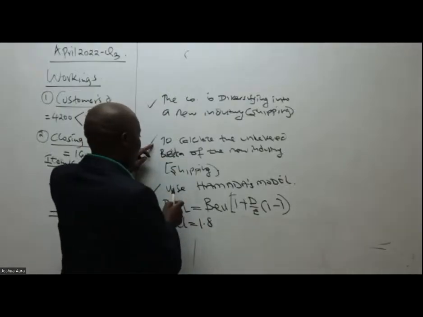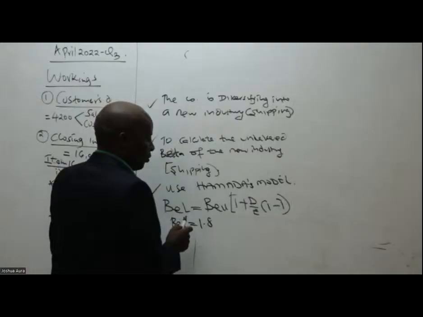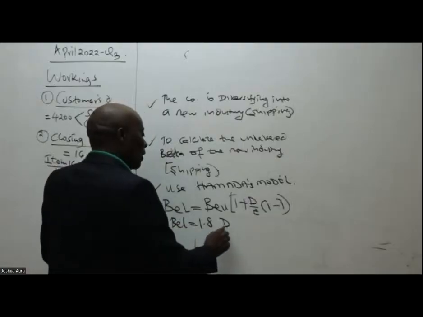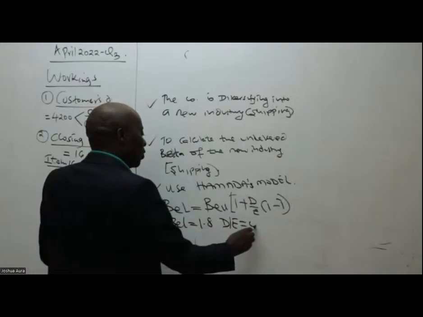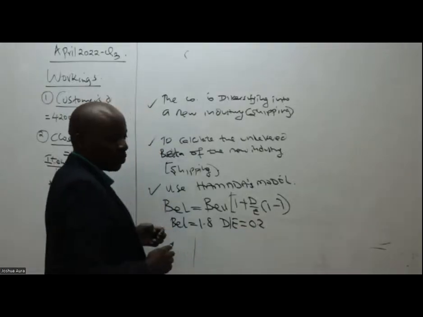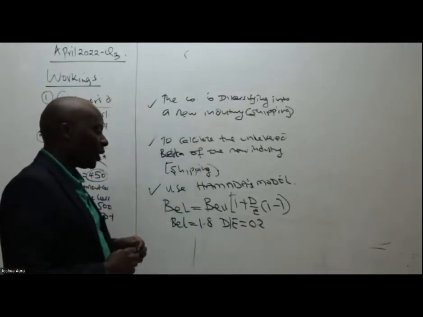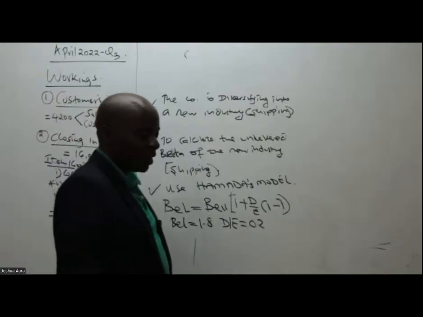So Bell is beta equity levered, which in this case is 1.8 of the new industry. We're talking of the new industry, 1.8. And fortunately for this new industry, they have given us the debt to equity ratio as 0.2. I'm not guessing here.